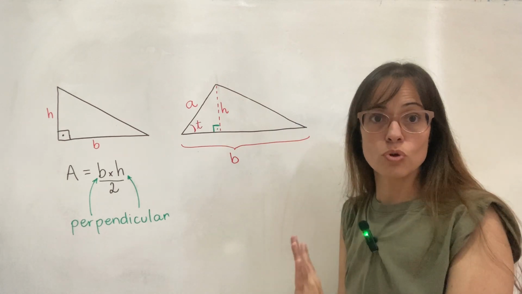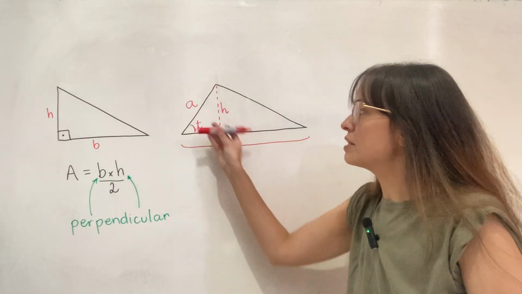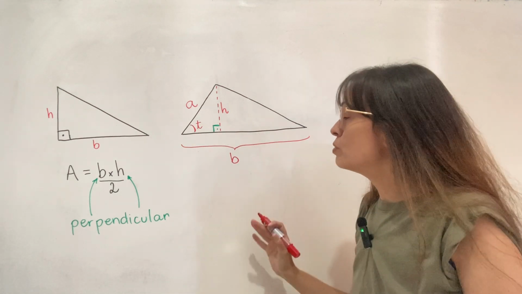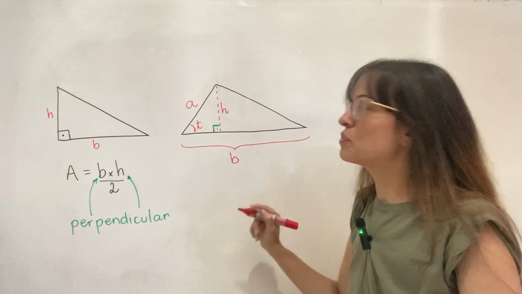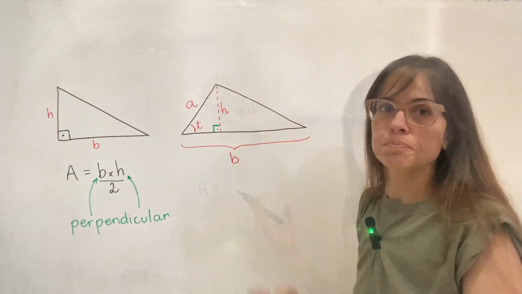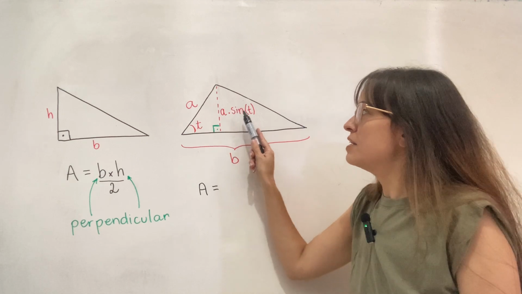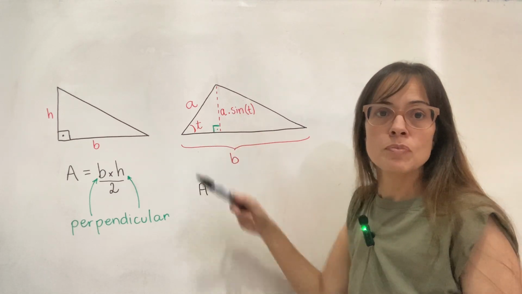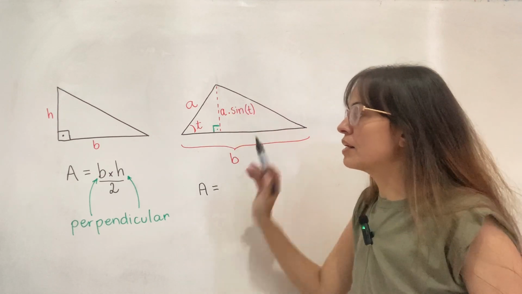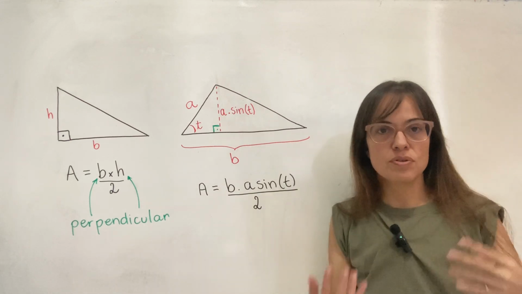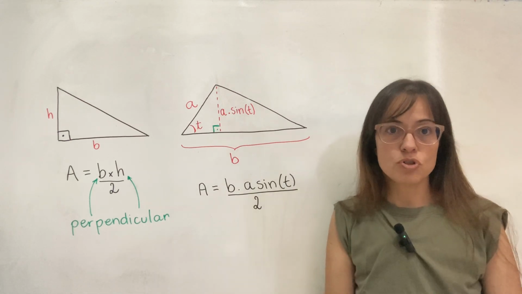If you also know the angle between the two sides that you have, say that it's an angle T, now you can use sines and cosines over here in order to figure out the height. And it turns out that that vertical segment is a times the sine of the angle T. So if you use that as a height to do base times height divided by 2, then you come up with this formula, which is the formula for the area of a triangle.